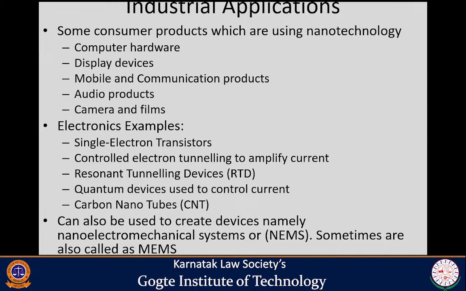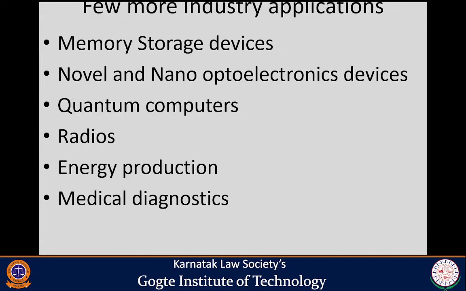More recently, nano electromechanical systems, which was earlier called micro electromechanical systems, has also been gaining ground as the buzzword in the present technological era. These are a few more applications of nanoelectronics: storage devices, and optoelectronic devices, which help in conversion of energy, say solar energy to electrical energy, widely used in solar panels, or in LEDs where exactly the opposite occurs, that is electrical energy gets converted into light.